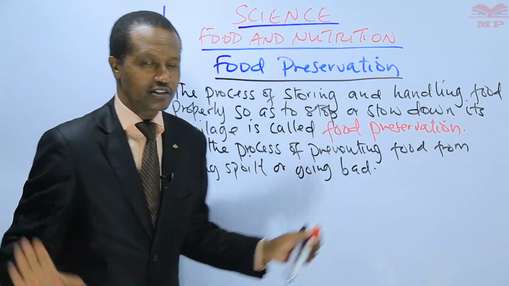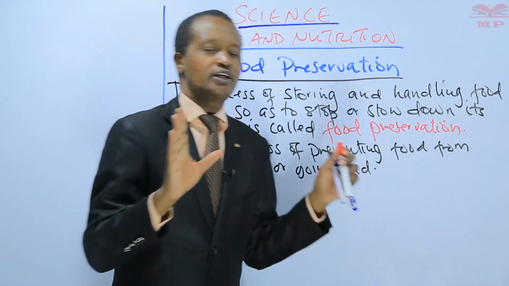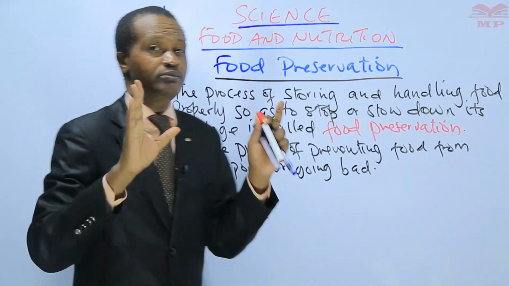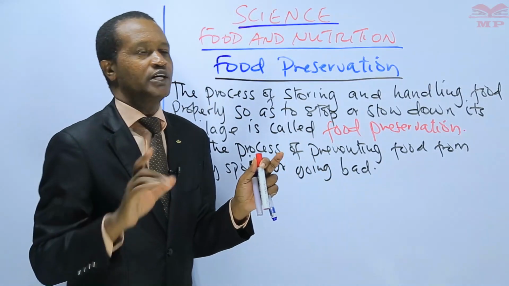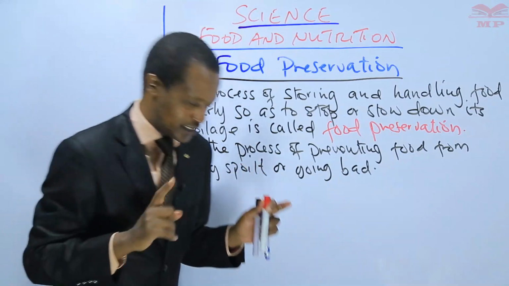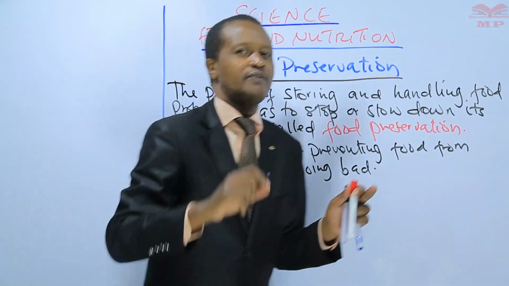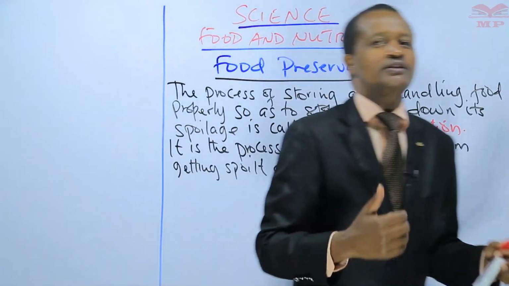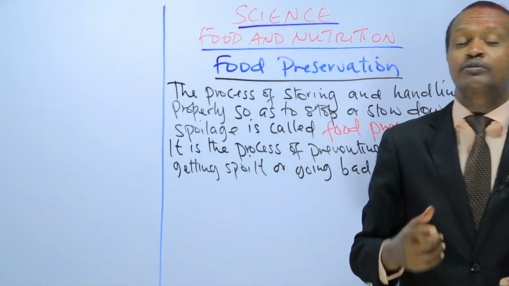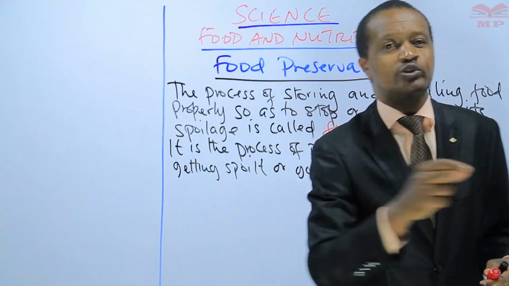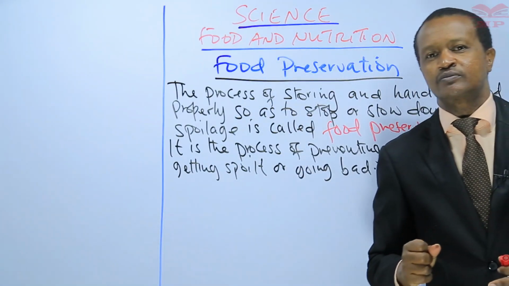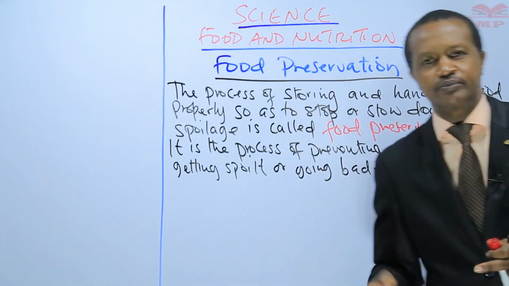So is that clear, learners? Are we together up to that point? We have defined food preservation. Now learners, some foods such as animal products can be preserved for a very short period of time.